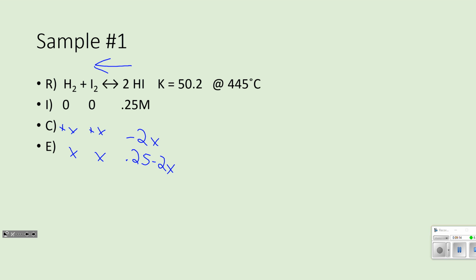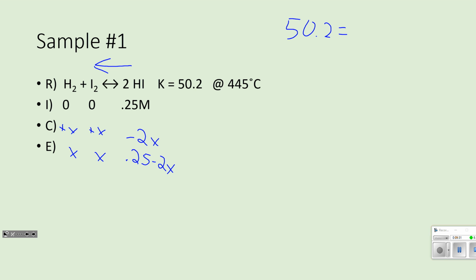Next, now that I know my concentrations of everything at equilibrium, I can set that equal to K. K equals products over reactants raised to their stoichiometric coefficients. So 50.2 is my K value.